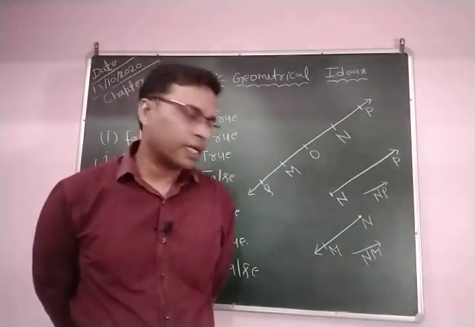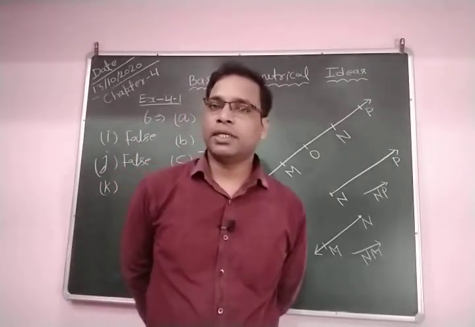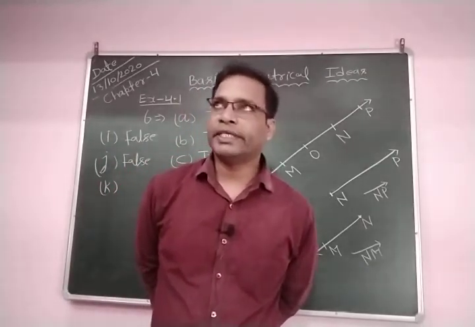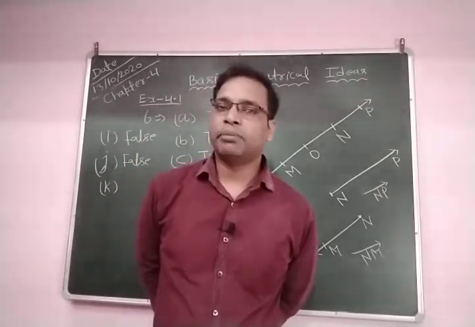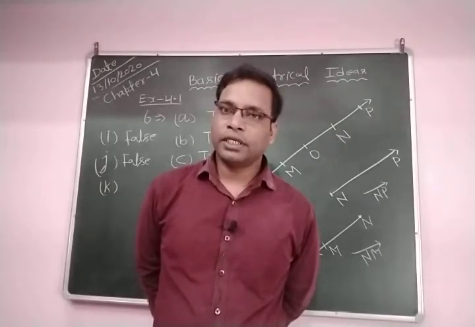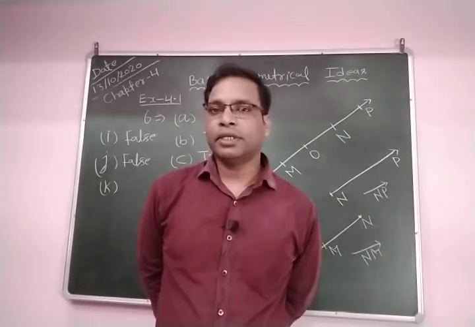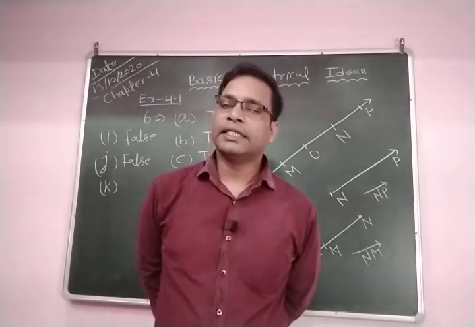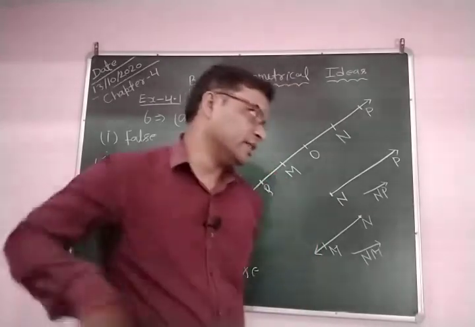So similarly we define what a curve is. If you put a sharp pencil on the plain paper and you move it in any direction without lifting, then the figure you obtain is called a curve, like this.